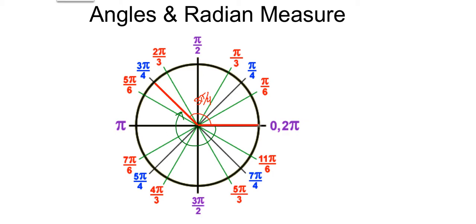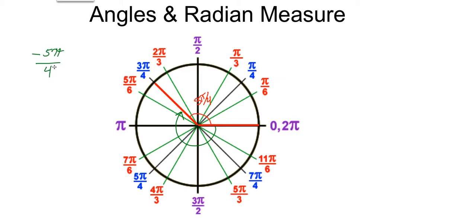Well, if this is pi, and I went from pi to 3/4 pi, that means I must have gone an additional pi over 4. So this would be a negative pi over 2, a negative pi, and then another negative 1/4 of pi. So the coterminal angle is going to be a negative 5 pi over 4.